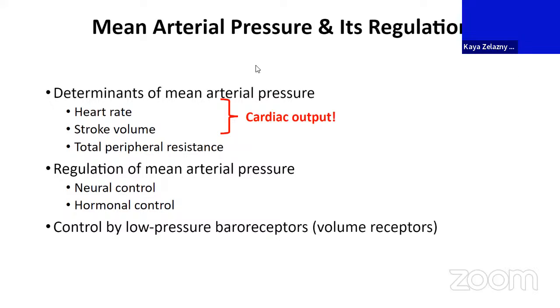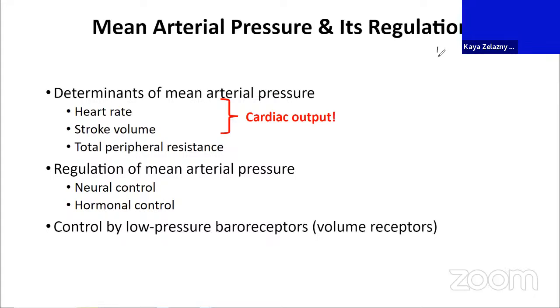As we were going through that flow chart, I showed you how we get from that initial flow equation, flow equals a difference in pressure over resistance, plus the fact that cardiac output is equivalent to our stroke volume, the amount of blood that we're squeezing out of the heart each heartbeat, times our heart rate, the number of heartbeats per minute.